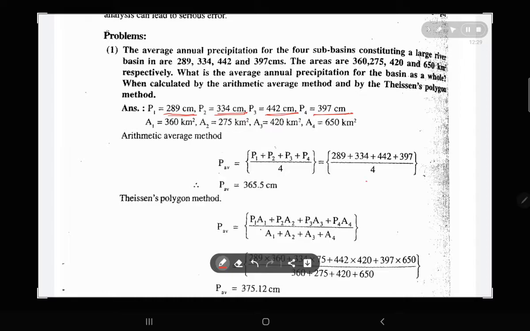Like that, the area covered by the first station is 360 kilometer square, second station is 275, third station is 420 and the fourth one is 650 kilometer square.